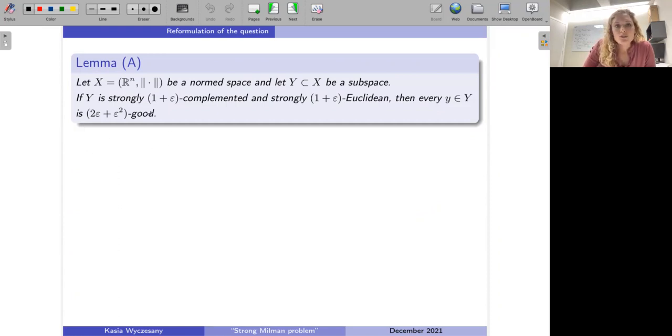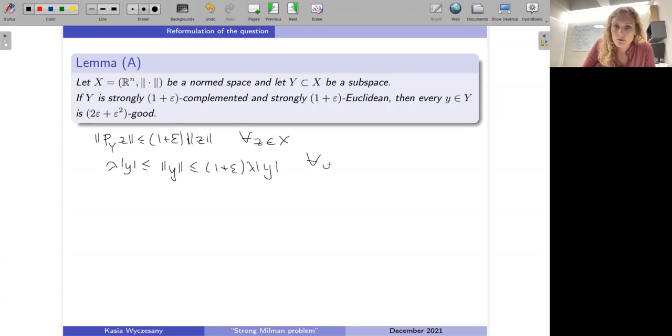If I have a strongly complemented and strongly Euclidean subspace, then we know that if I denote by P_Y the orthogonal projection onto Y, with Y satisfying both of those conditions, then the norm of P_Y z is less than or equal to 1 plus epsilon times the norm of z, for every z in X. And moreover, we have the strongly almost Euclidean condition, the norm of y is at most 1 plus epsilon times lambda, for every y in Y this time.